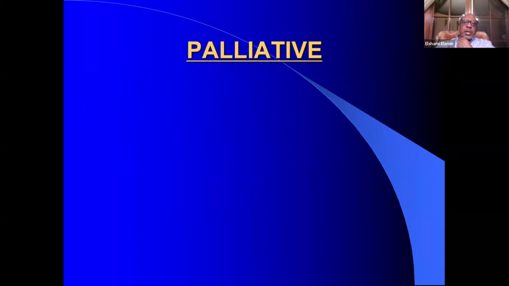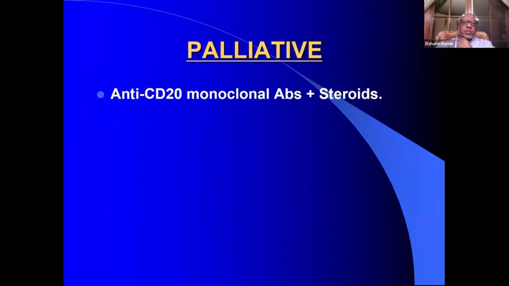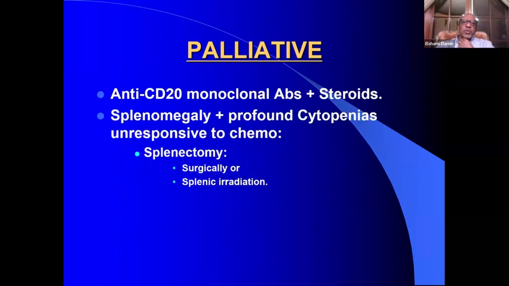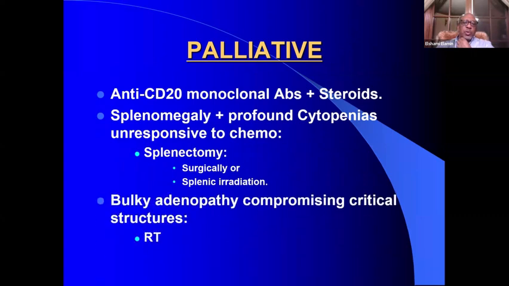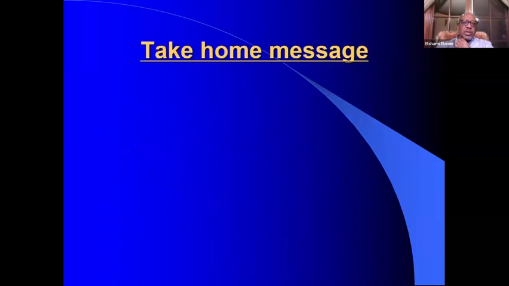So, what about palliative treatment? If the patient has refractory symptomatic disease, you could use anti-CD20 antibody. You could use radiation or surgery if the patient has symptomatic splenomegaly unresponsive to chemo or targeted therapy, or bulky adenopathy compromising critical structures like kidney or lung, radiation therapy.